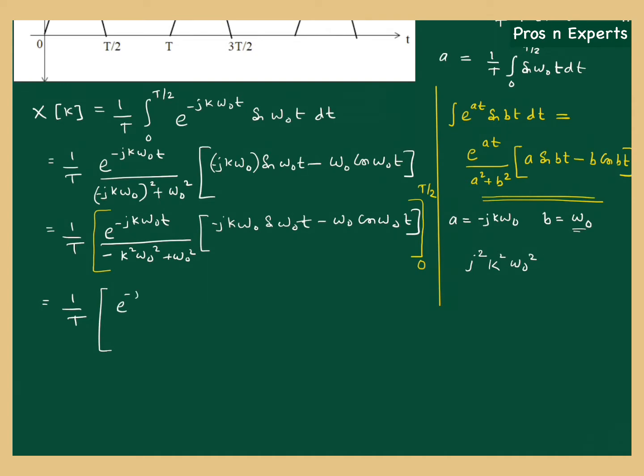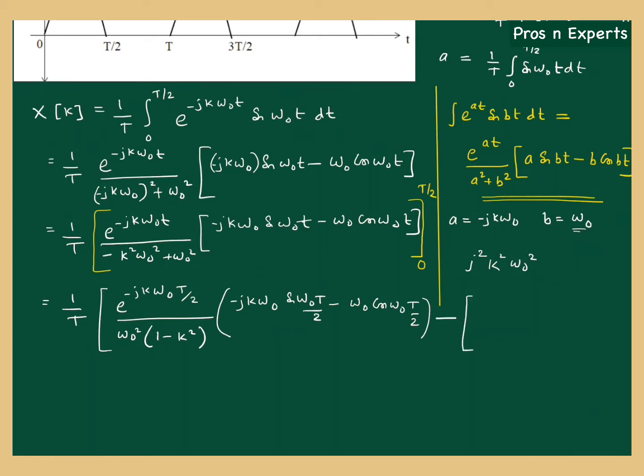Upper limit: e raised to minus jk omega 0 into T by 2, divided by omega 0 square into, I can simplify it as omega 0 square into (1 minus k square), into, now it is minus jk omega 0 into sine omega 0 T by 2, because I am putting the limits for t, upper limit as T by 2, minus omega 0 cos omega 0 into T by 2. This is by putting the upper limit, minus, now I can put the lower limit.